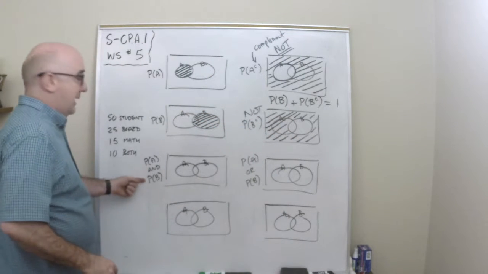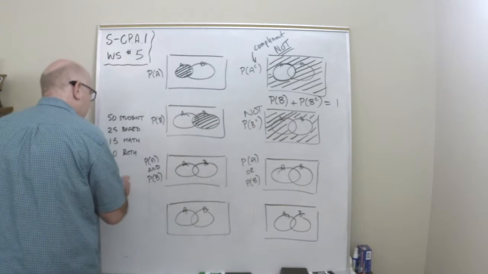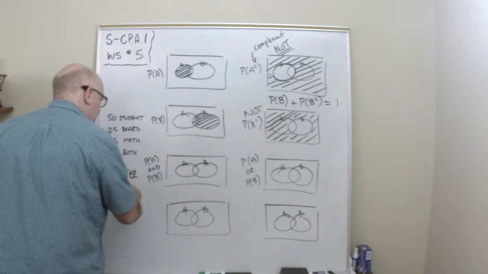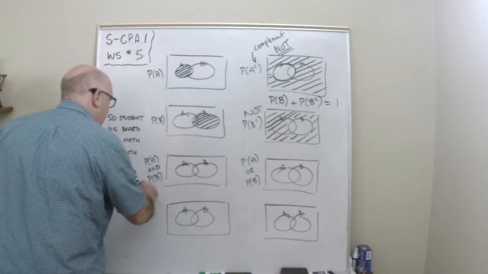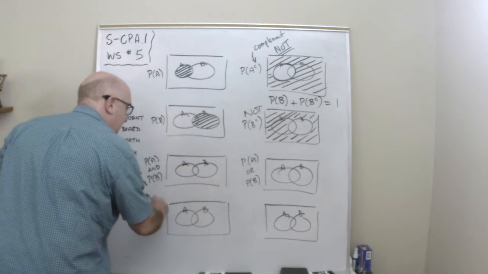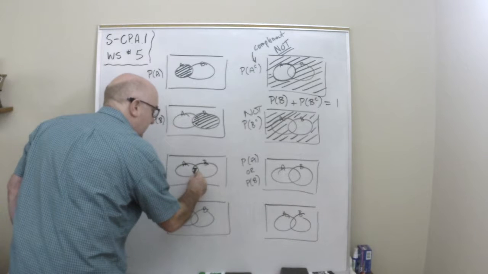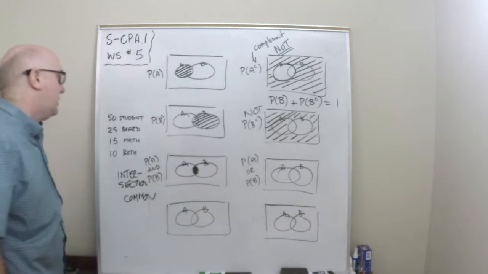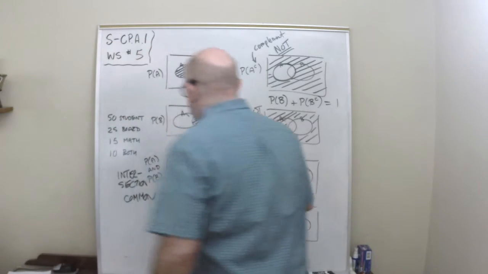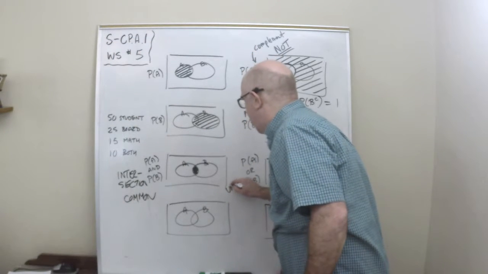Now we learned "and" means the intersection. It is what is in common in the two of them. So what's in common is just this region. That is the intersection, what goes on between the two of them. "Or" we learned is the union of them.